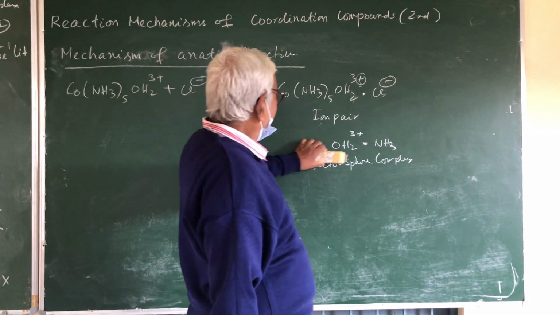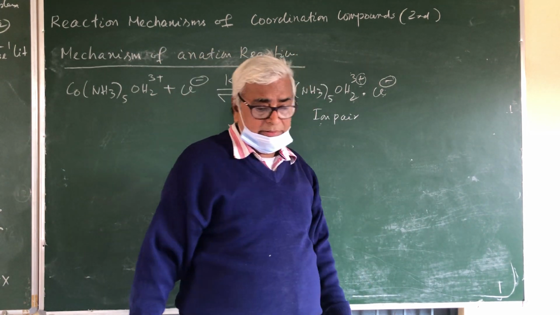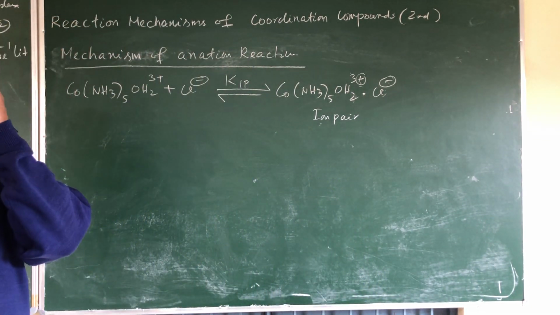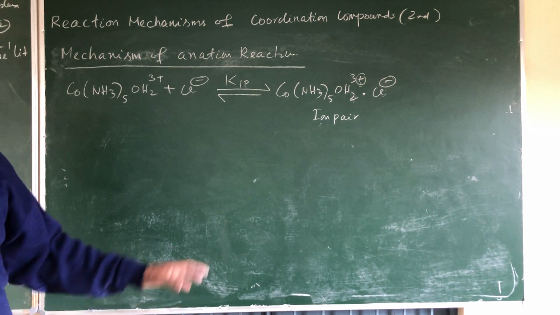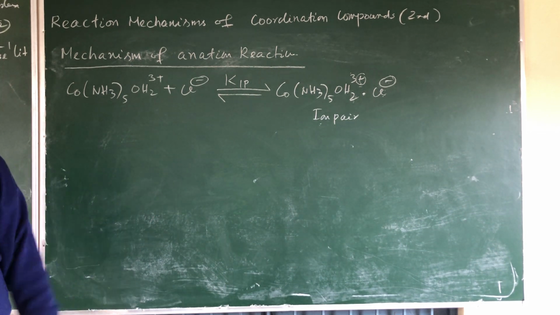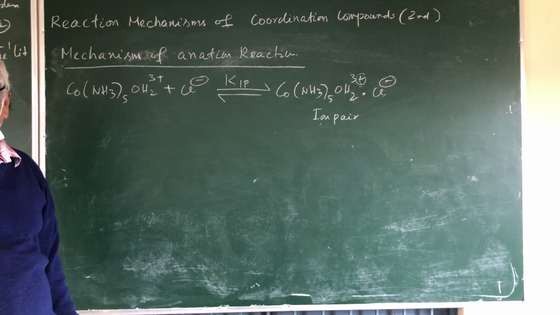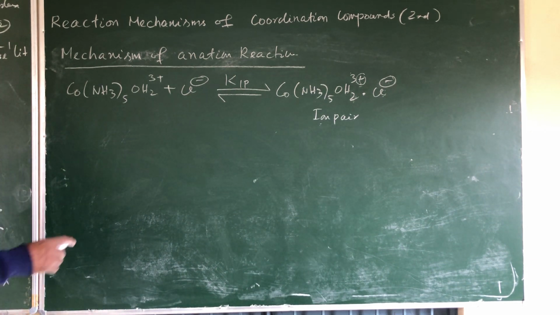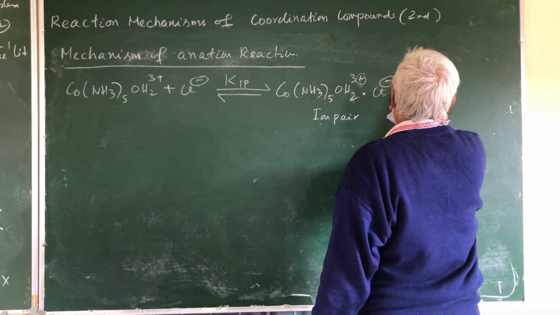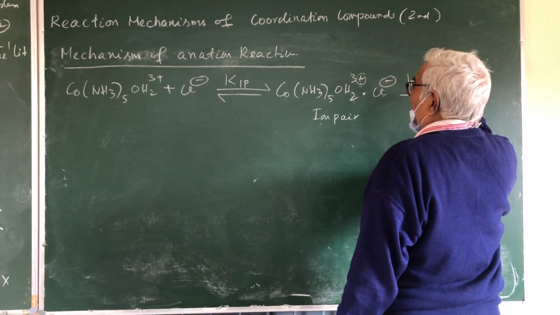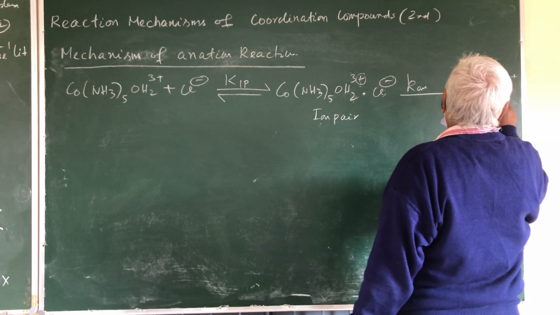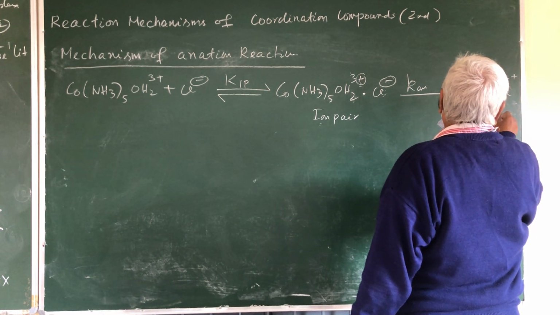Earlier at Mohanty we have done a lot of substitution reactions for cobalt 3 system, chromium 3 system, rhodium 3 system, platinum 2 system, etc. Now if you take soluble peptides, then you can do good work in anation reaction. So the first step is the formation of ion pair, and then k anation, we get the product. This is the product.